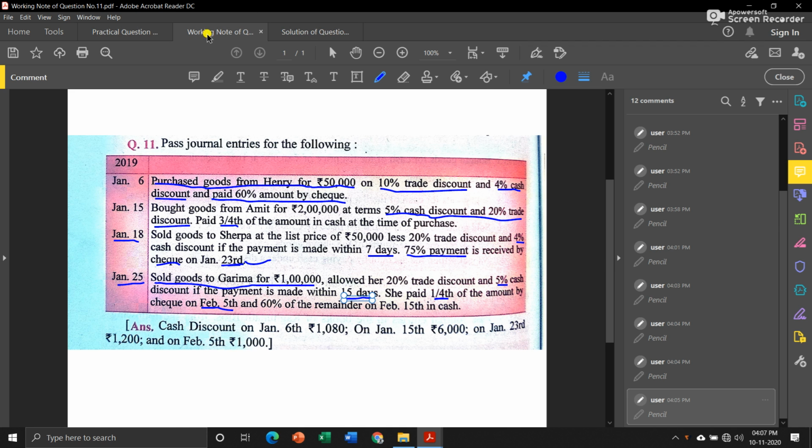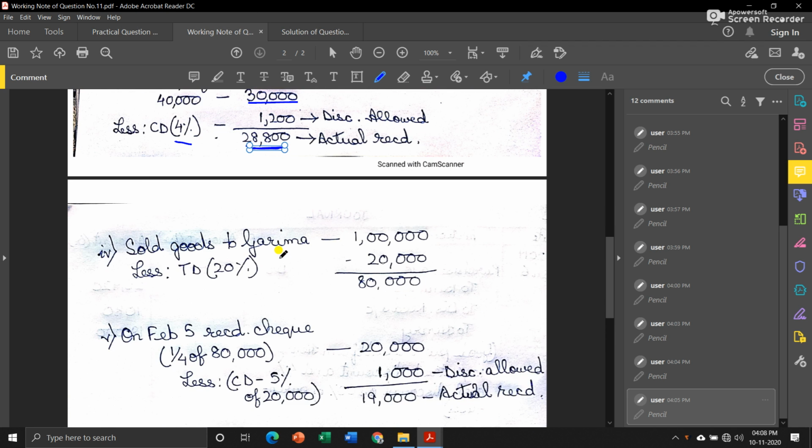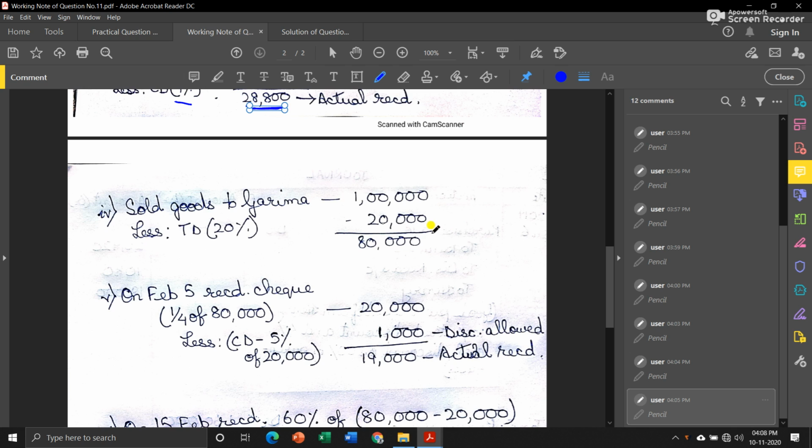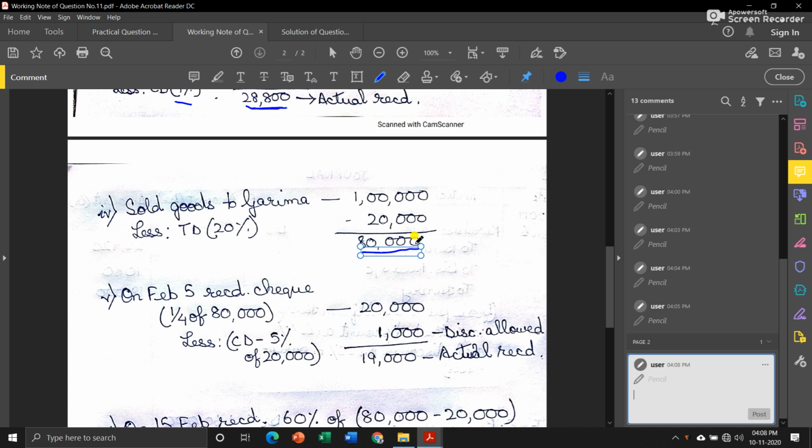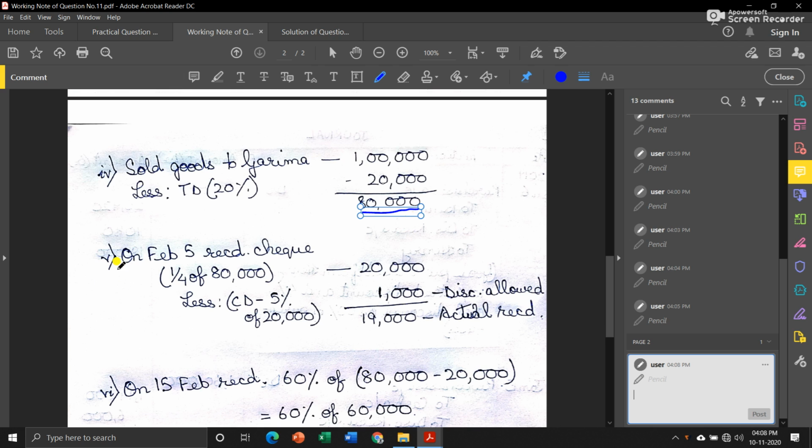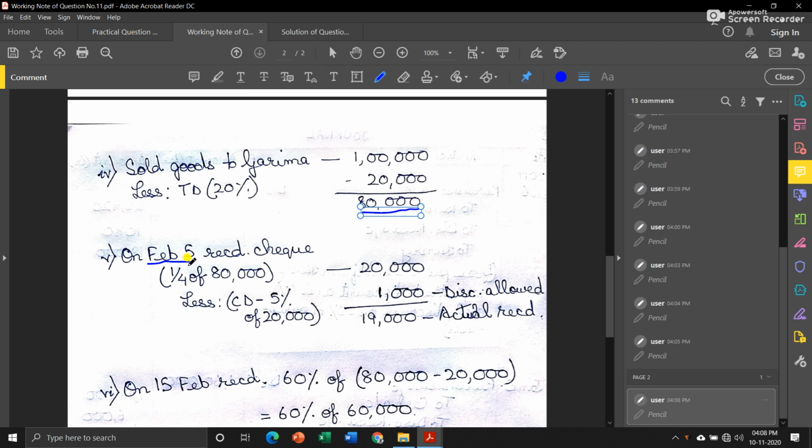Now let us see the working note. This Roman number 4 in the working note is nothing but normal sales, where we deducted the trade discount. Don't get confused there. Now come to working note number 5, on the transaction that took place on 5th February. We received a check. We have to find out how much money we received and how much discount we allowed.